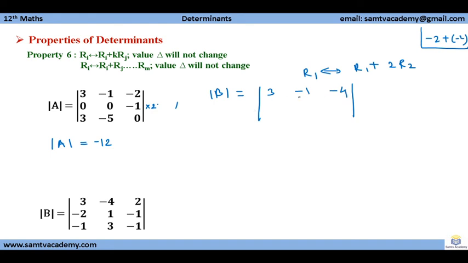As 2 are 0, here there is no change, and it will become 0 0 minus 2. This is 3 5 and 0.